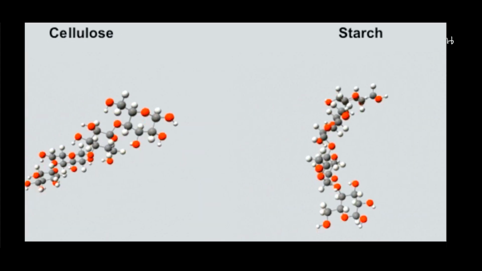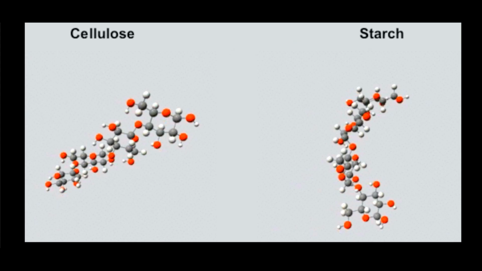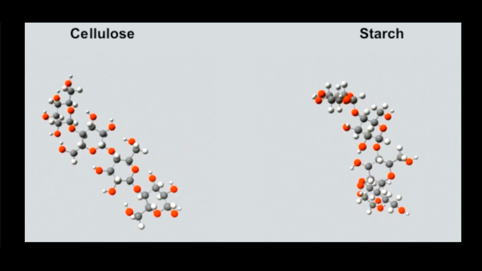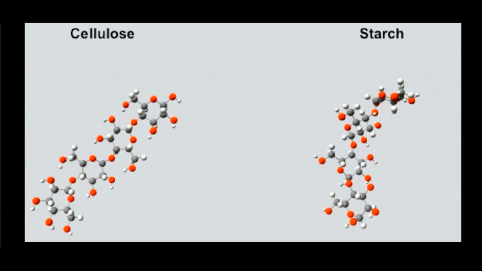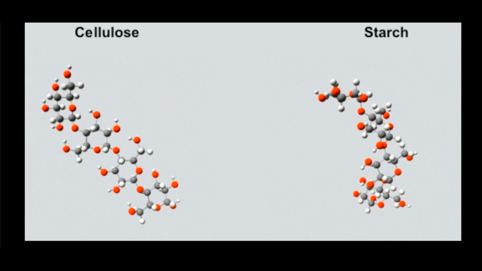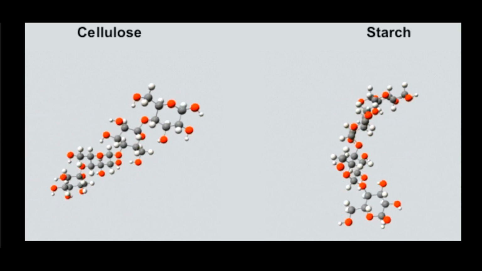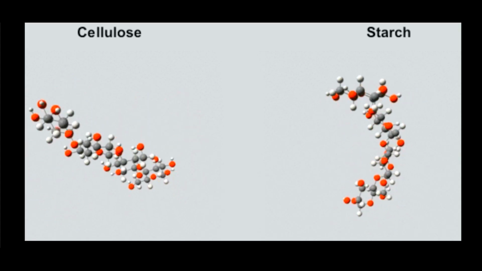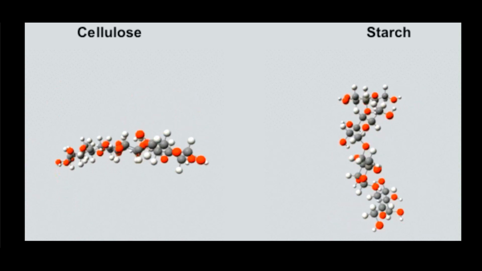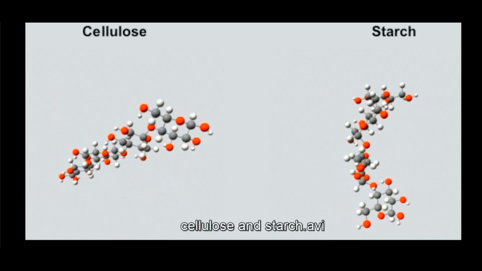Another example is the common big molecules cellulose and starch. Cellulose and starch are virtually the same molecule, but one of them makes up the structure of cell walls in plants and is really rigid. That's cellulose. Starch is like a potato.